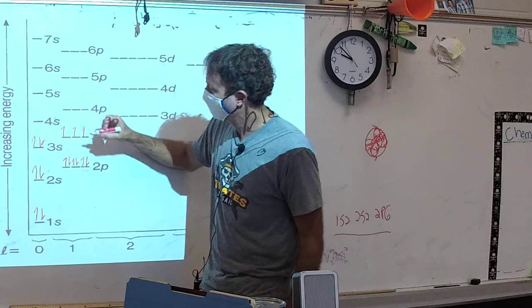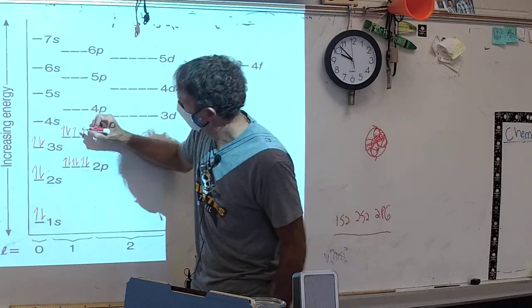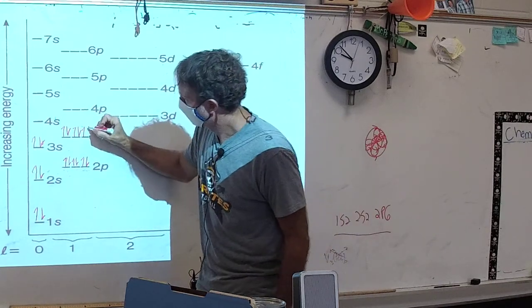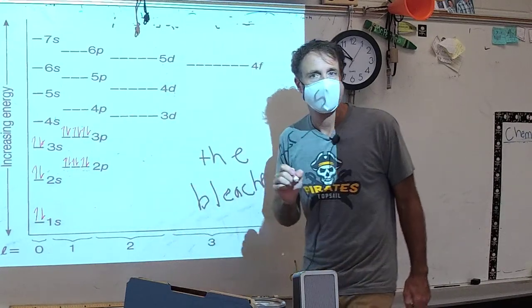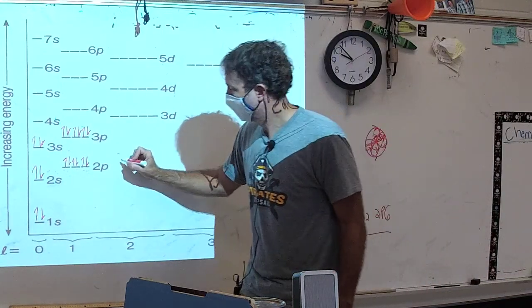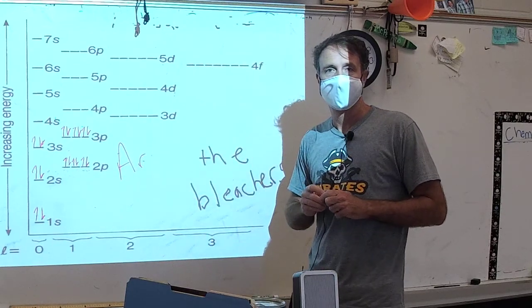Is this sulfur, right? Chlorine, argon. Does that make sense? So if we stopped here, this will be an electron level diagram of argon.